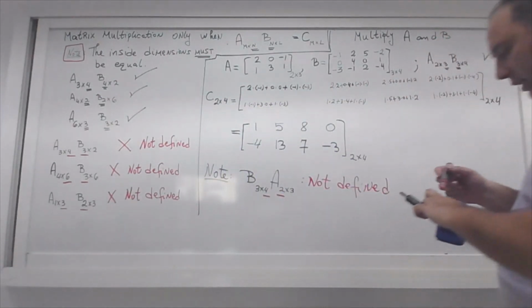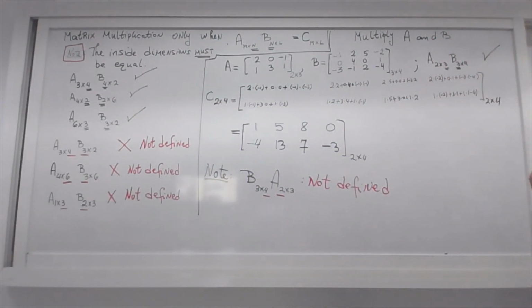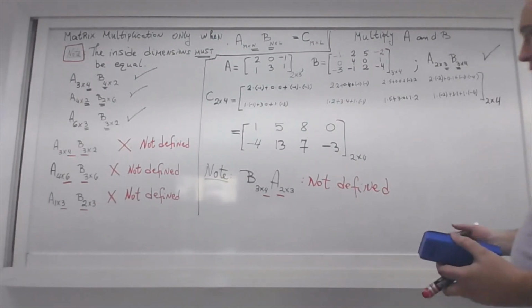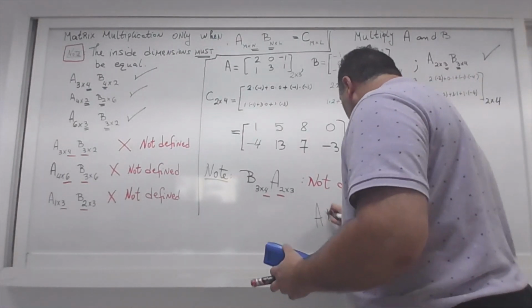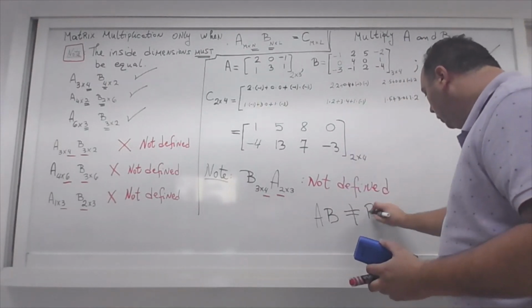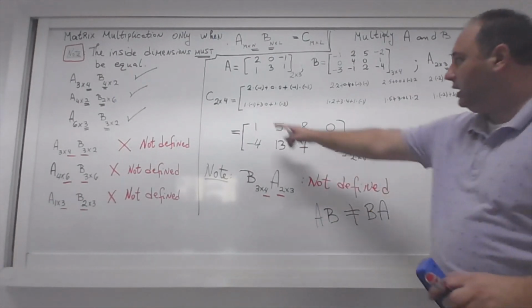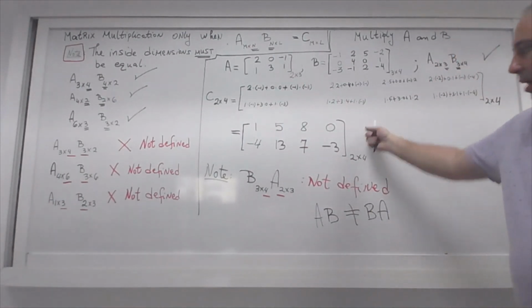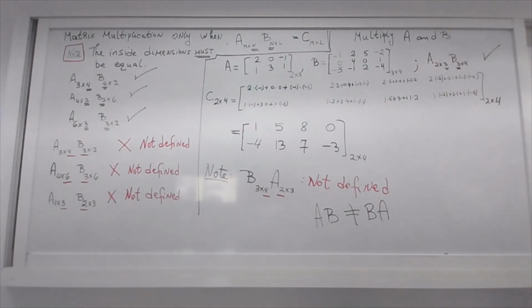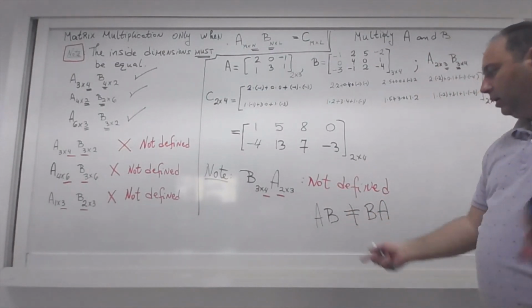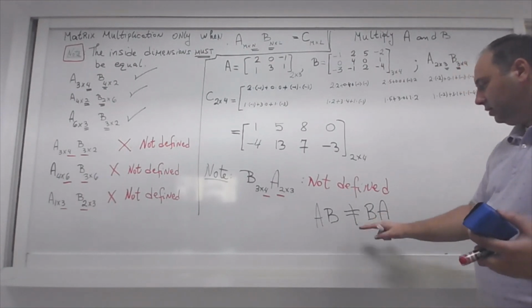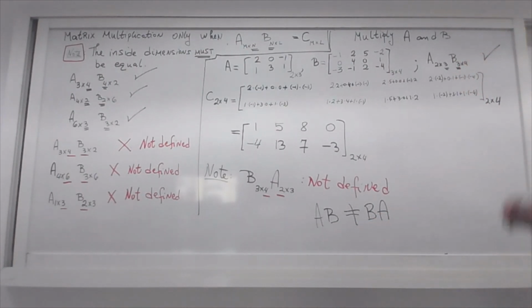So immediately we see that A times B is not equal to B times A. So we cannot swap the order of multiplication. That's something that is super important to notice. Order of multiplication cannot be changed. Because you see, A times B gives us this matrix, but B times A is not even defined. I cannot even perform the operation. So obviously, in general, A times B is different from B times A. Be very careful. This is one of the properties that we need to remember.